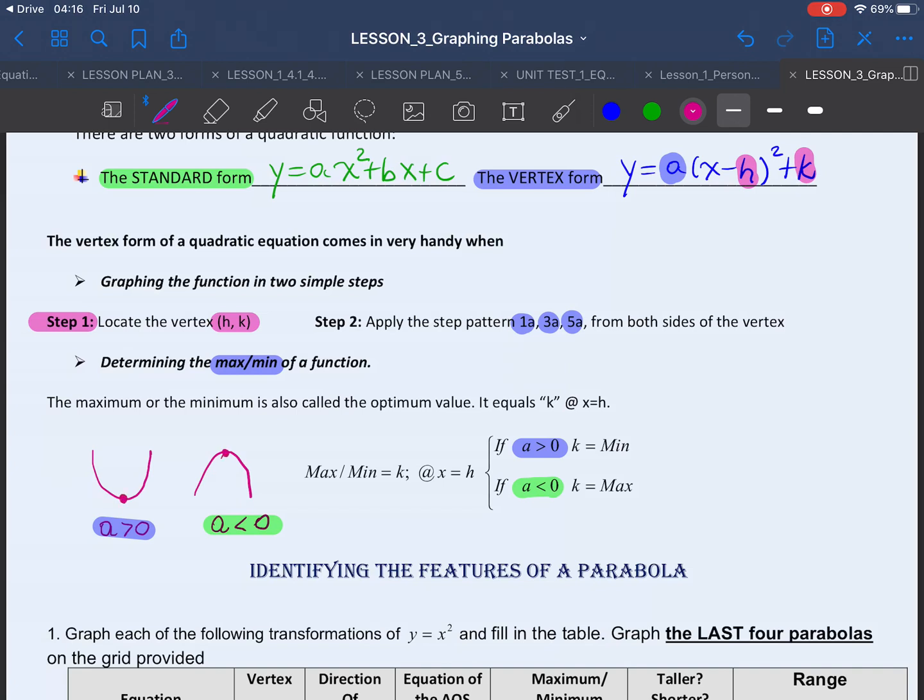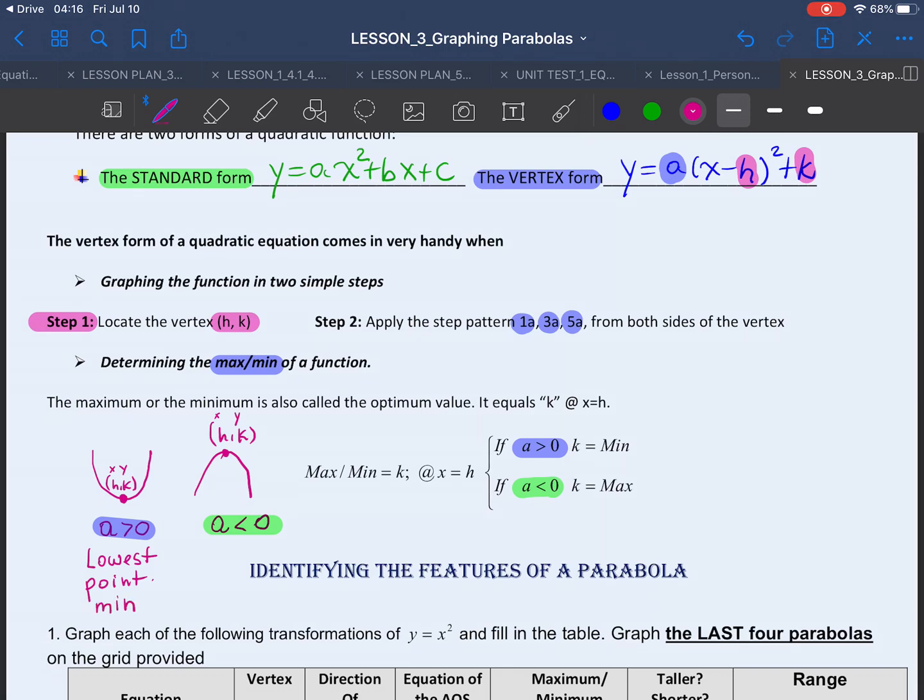When a is positive, the vertex will be the lowest point on the parabola. And by the way, the vertex in either case is identified by the coordinates h and k, where h is the x and k is the y coordinate. Now, when the parabola opens up, the vertex will mark the lowest point on the parabola.